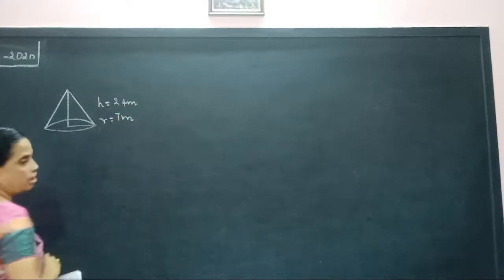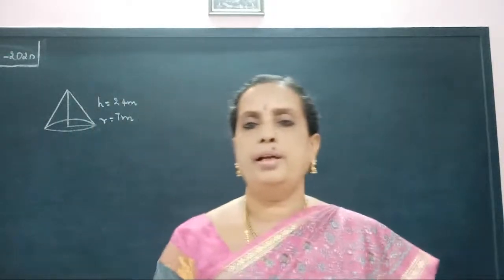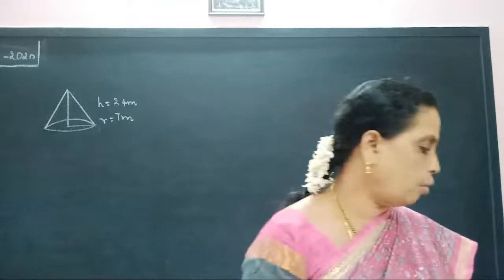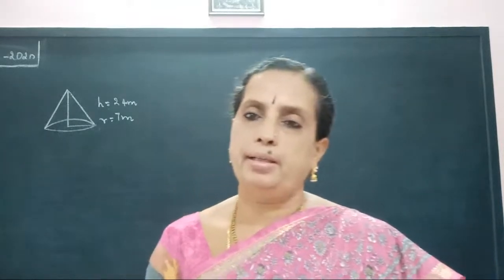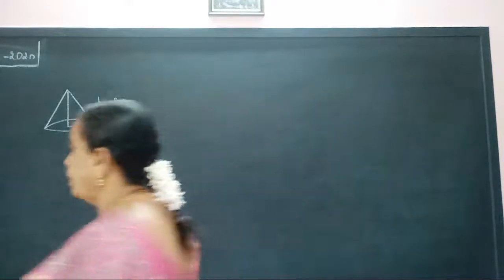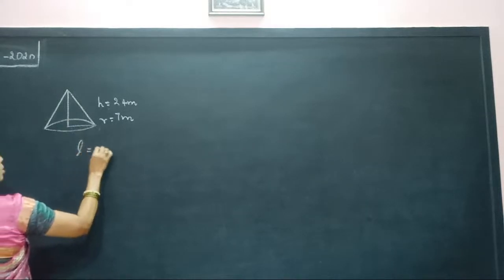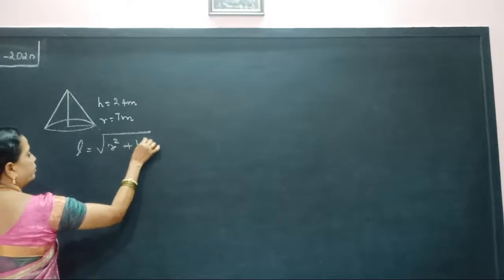When only height is mentioned, it is not slant height, it is vertical height. For the curved surface area we require the slant height. We know the formula: l equals root of r square plus h square.